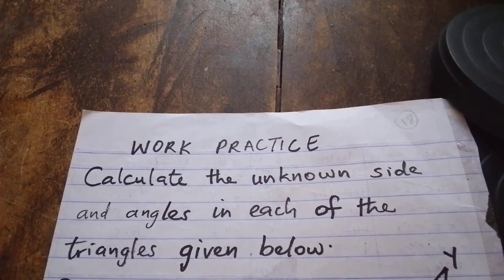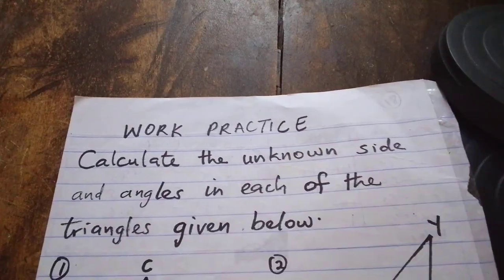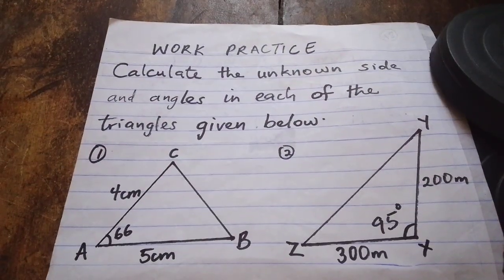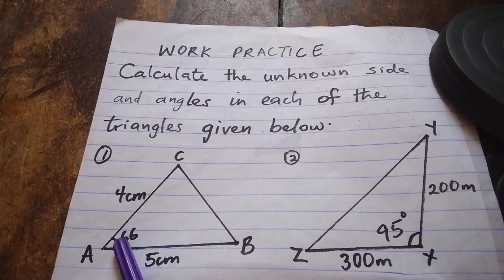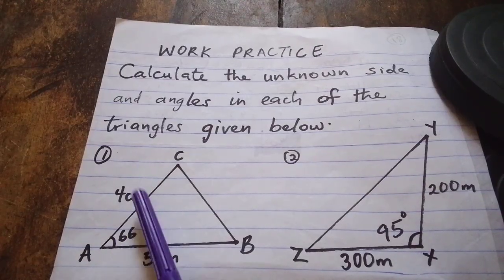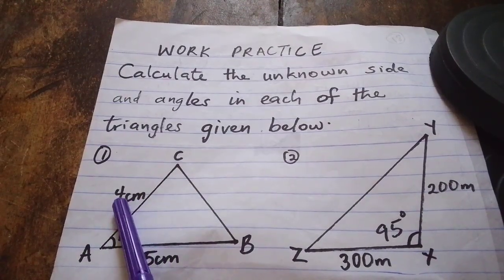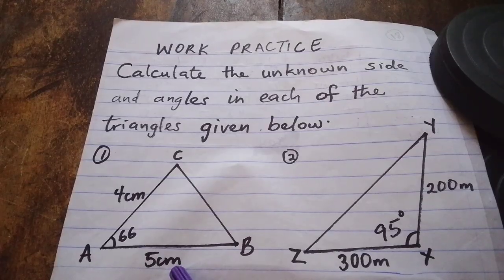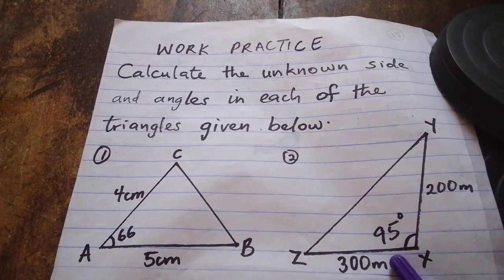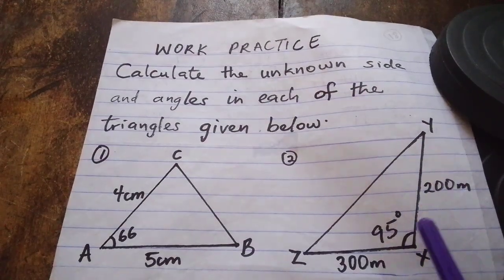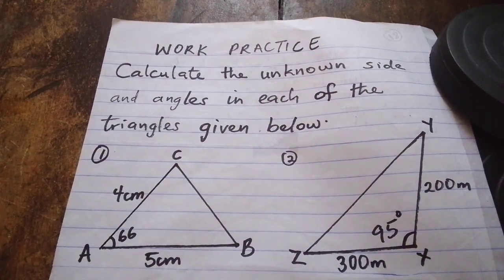Calculate the unknown side and angles in each of the following triangles below. You are given this triangle. This angle is 66 degrees. These two sides are 4 centimeters and 5 centimeters. Number 2: in triangle XYZ, these sides are 300 meters and 200 meters, and this angle is 95 degrees.